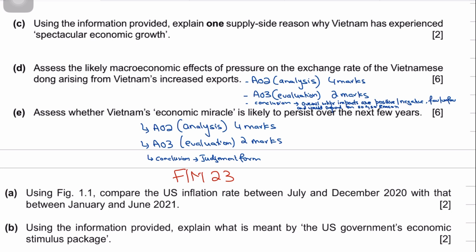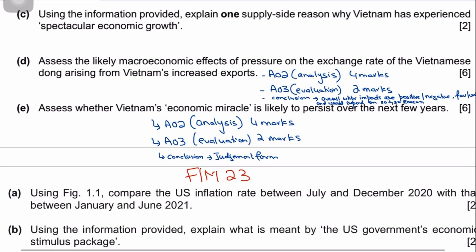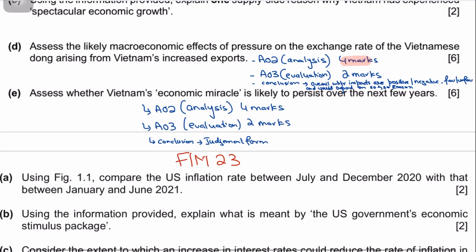Although in my video I did that, the purpose of my video was not just to answer the question. The purpose was to explain the concept as well, and I gave the disclaimer that I wanted to take the opportunity to explain the concepts. So for a case study question, 4 marks are reserved for analysis, which would revolve around what the impact of increased exports on the currency appreciation would be, and how that would affect other macroeconomic variables.